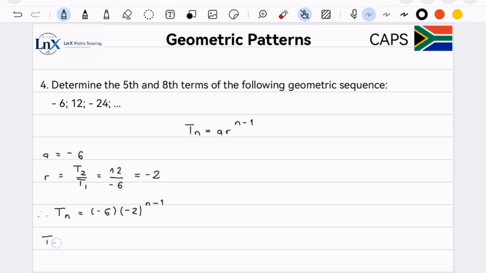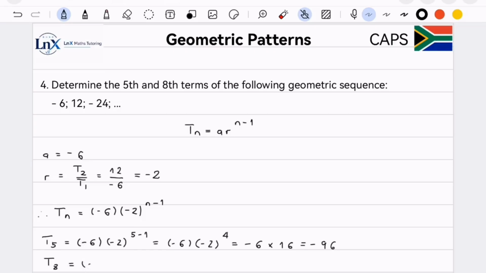So our fifth term is going to be negative 6 times negative 2 to the power of 5 minus 1. That's 5 minus 1, that's 4. So we're going to have negative 6 multiplied by 16, which will give you negative 96.